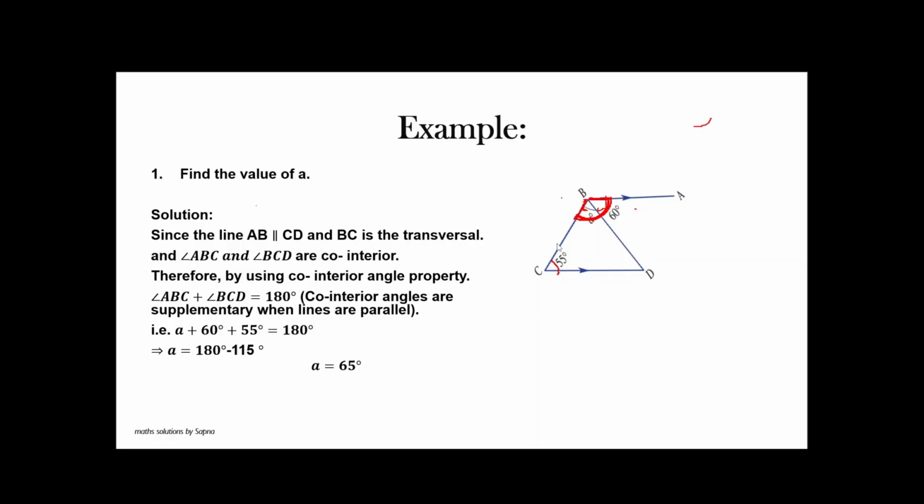This BC was our transversal. 55 degrees and A plus 60 are both on this side of the transversal. It's not like one is on this side and the other is on that side. No, both are on the same side of the transversal, so they are co-interior angles. So that's why we can use the co-interior angle property to figure out A using 55 degrees and 60 degrees, correct? So that's how we are doing it.